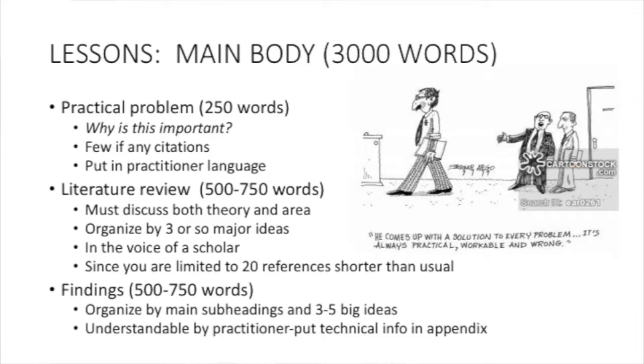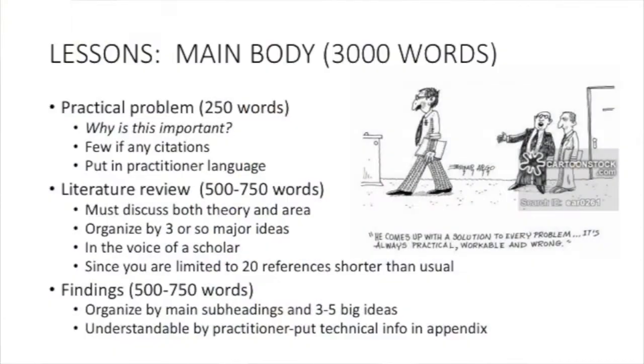They're not really limitations. I guess the right word would be suggestions, so that you do not have certain sections too heavy and that you cover all of the things they ask you to cover. The first is the practical problem. Why is it important? Again, this is in practitioner language, and so just few, if any, citations in that section.